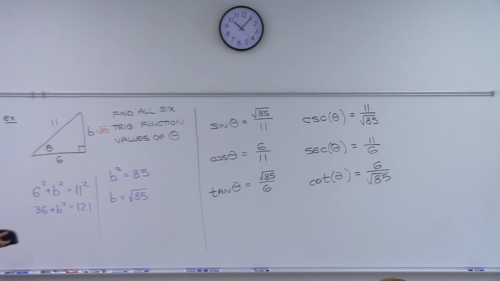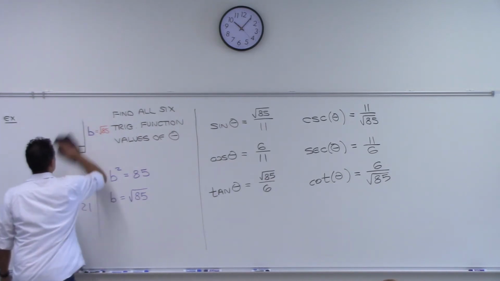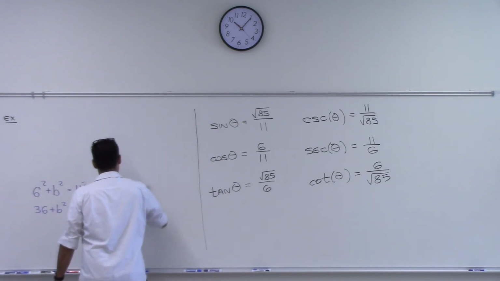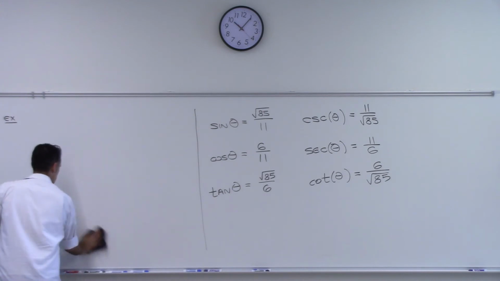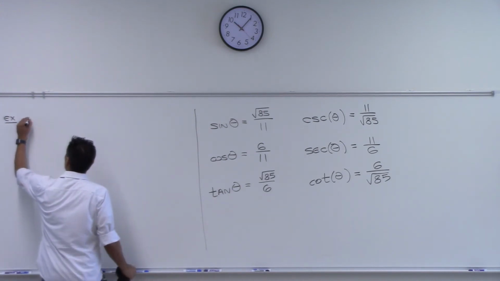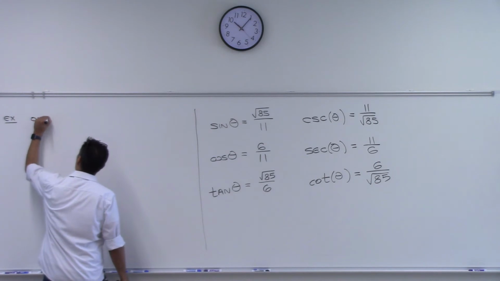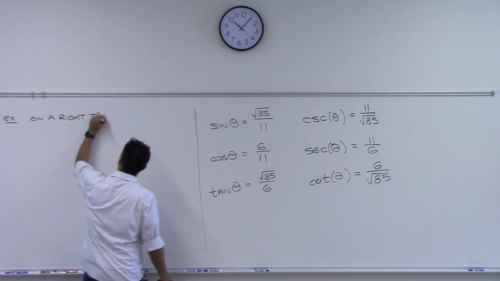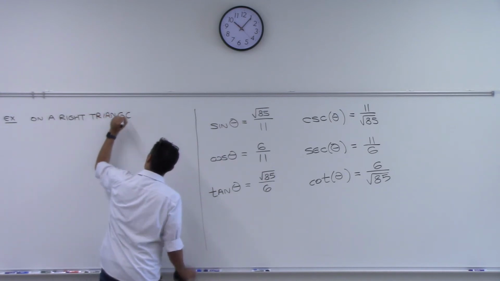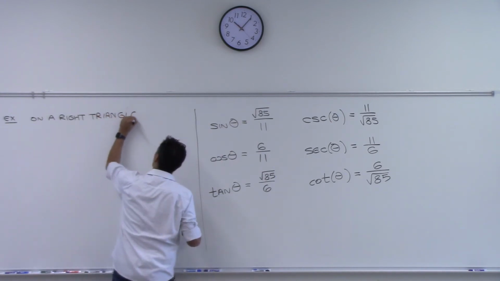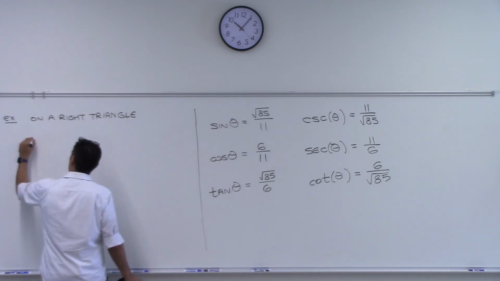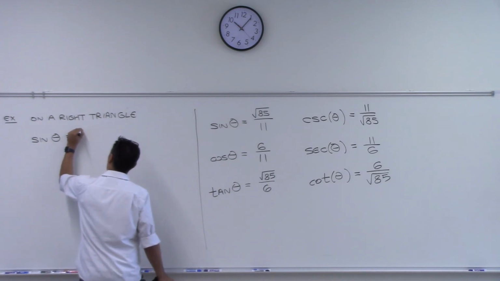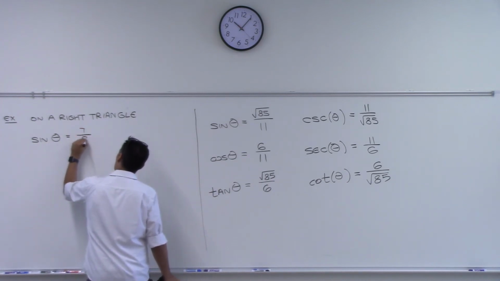All right, I'm going to give you another one. You ready? This one's harder. On a right triangle, sine of theta equals 7 over 9.